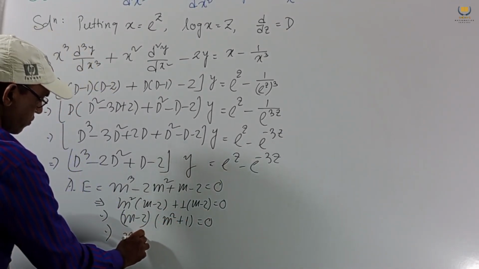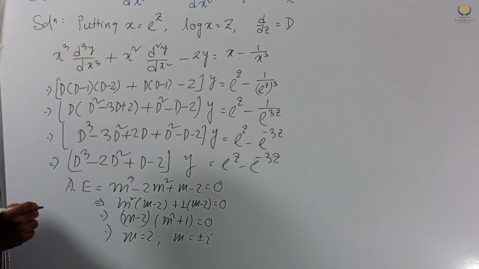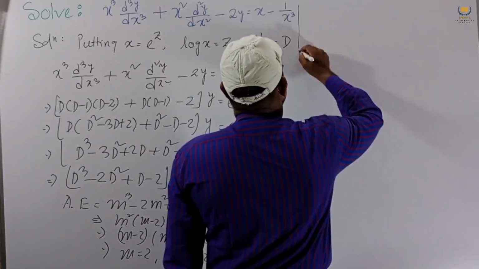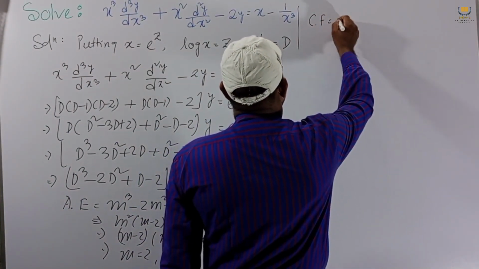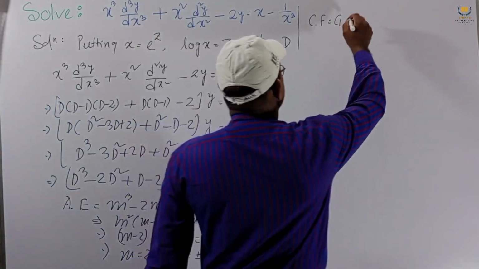So m equals 2 and m equals plus or minus i. We get this one.